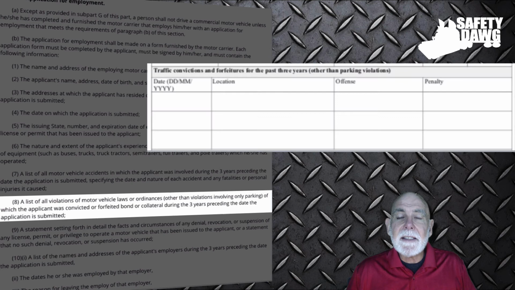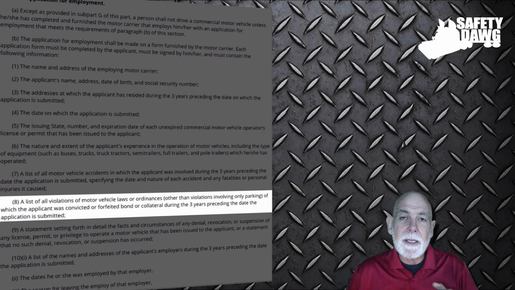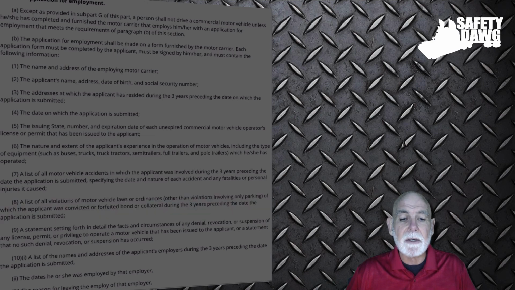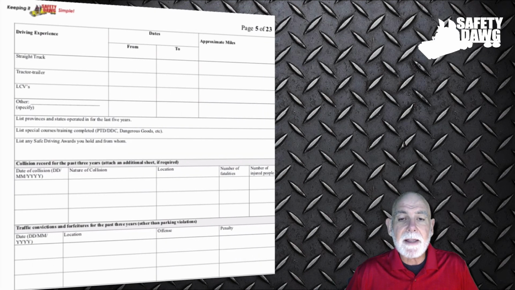And then a list of all driver violations other than parking for the preceding 3 years of the application date. So again, you need to have the details completed there. So if you are a safety professional, when you are going through the driver application, make sure you get those 3 critical pieces. And it looks like this on many application forms.